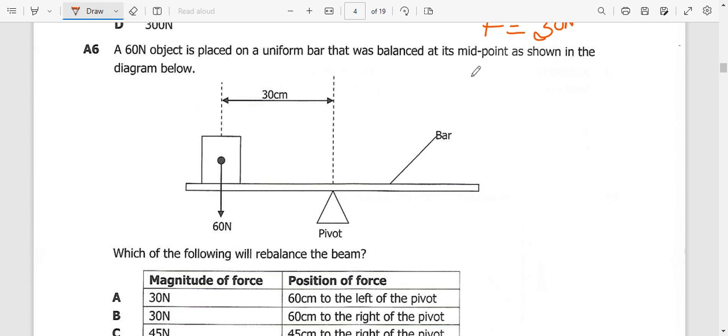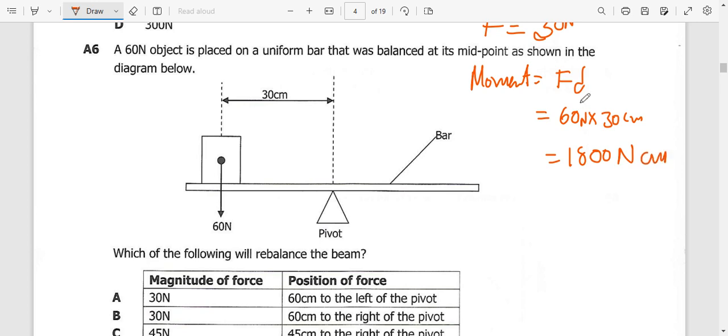So let's find the anti-clockwise moment. The moment is given by force multiplied by distance. The force is 60 newtons, the distance is 30 centimeters. So 60 times 30 gives us 1800 Newton centimeter. Remember, I'm multiplying a Newton by a centimeter, so it will be Newton centimeter.